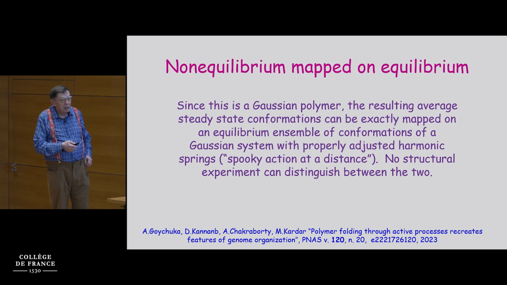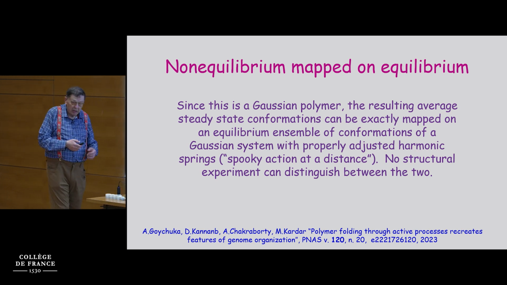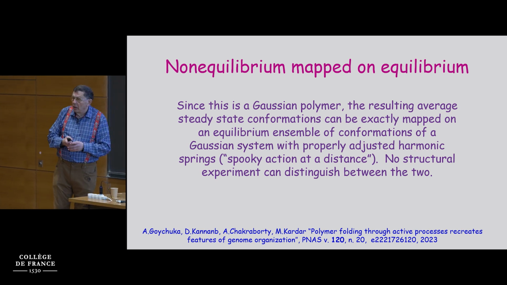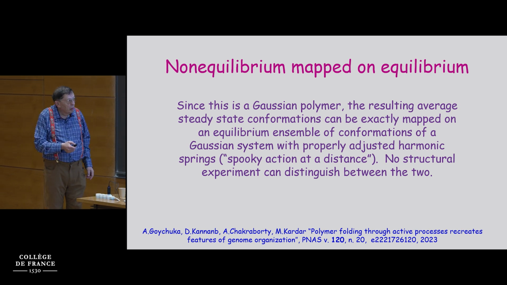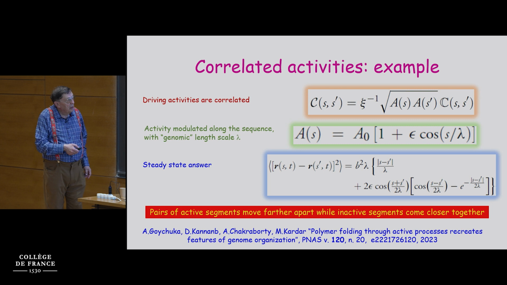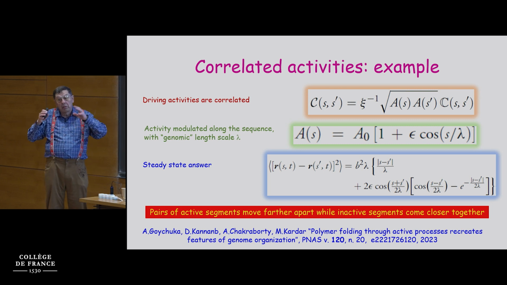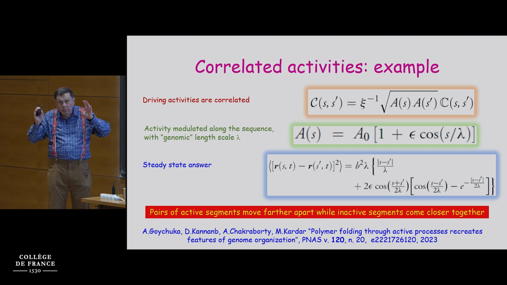Now they also make the following interesting observation. Notice that this is a Gaussian polymer. Whatever you do, all this steady state is just a Gaussian polymer. Peculiar, but it's still all Gaussian distributions.